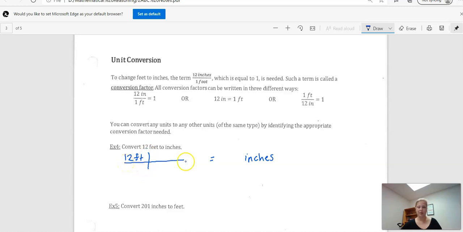So to do that, I'm going to have to multiply with something that has feet down here because my answer is not in feet. It's in inches. So I need these feet to cancel out. Well, if you look up here, this one right here has feet on the bottom. So I would put 1 foot on the bottom, 12 inches on the top. My feet cancel out. 12 times 12 ends up being 144.